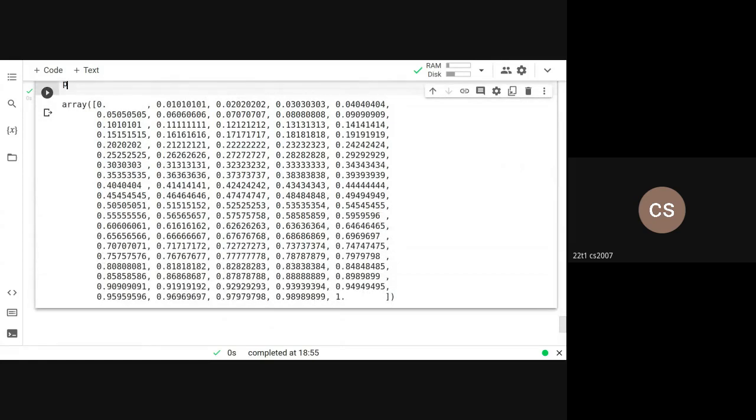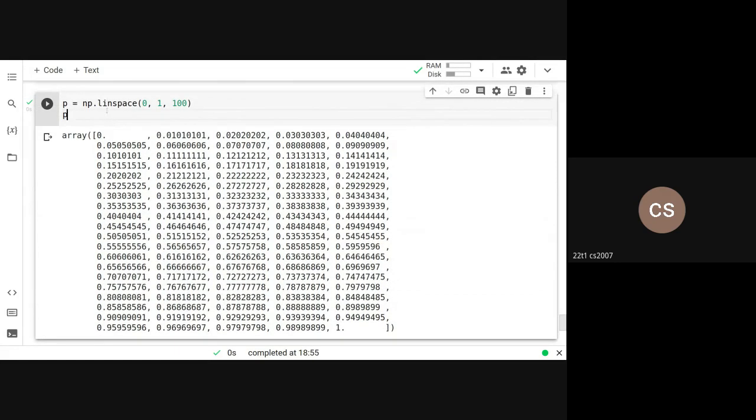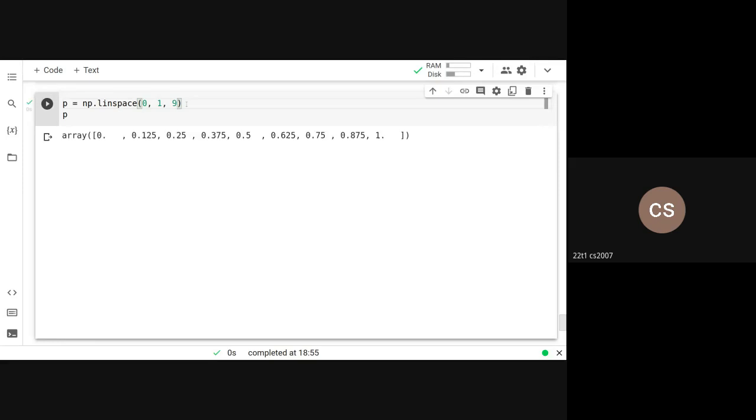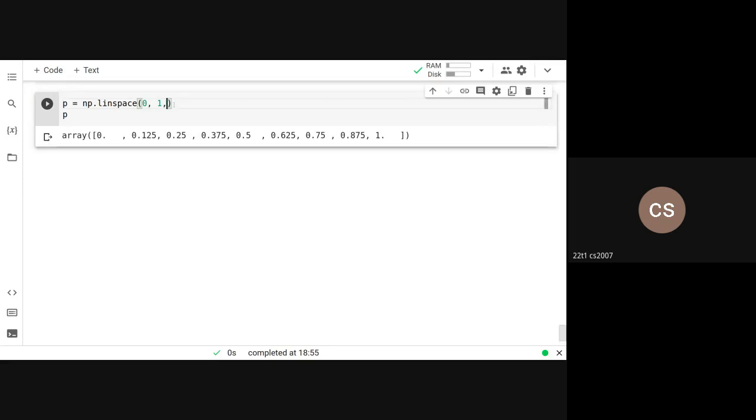That's the important thing. So np.linspace generates this many points between these two endpoints, which are equally spaced. Let's take a smaller value, let's say 11. 11 is easier to understand.